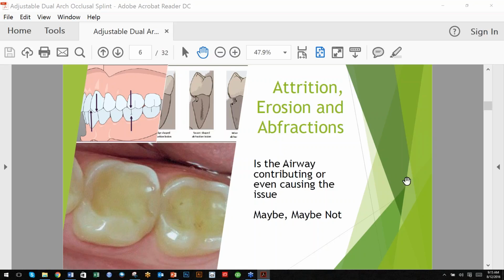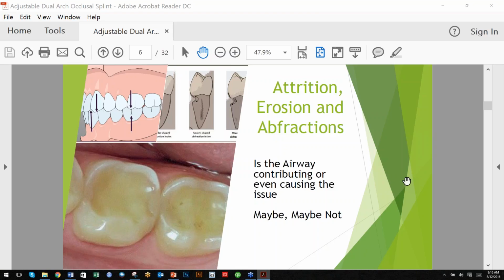And over time, you can see what the effects are. Abfractions are thought to be from consistent pressure over time, and wherever that force is being borne on the top of the root, that section tends to wear out due to the pressure over time.